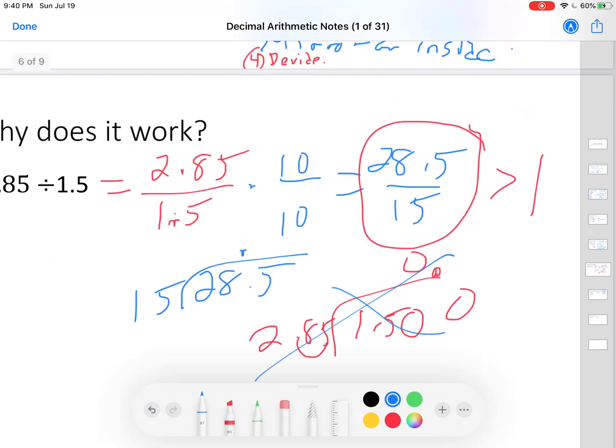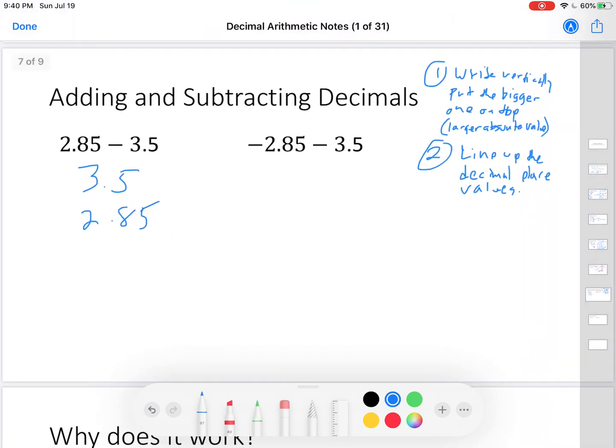What I mean by that is, you have to make sure that you're adding the 3 with the 2 and the 8 with the 5 and the 5 with the nothing, because you want to add ones with ones, tenths with tenths, and hundredths with hundredths. So here I'll put 3.5 and 2.85. This time we're not ignoring the decimal points, we are just lining them up. So make sure to line them up.